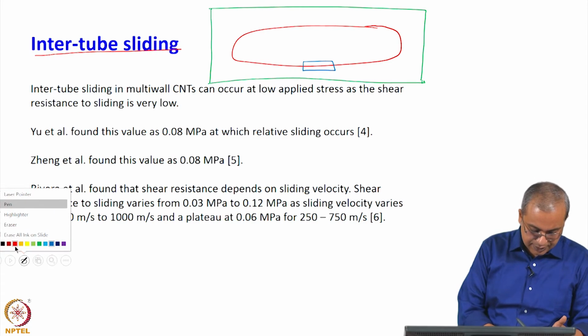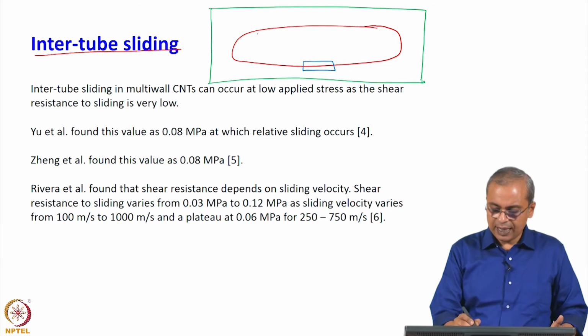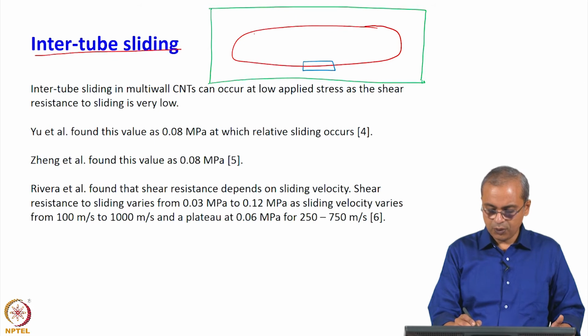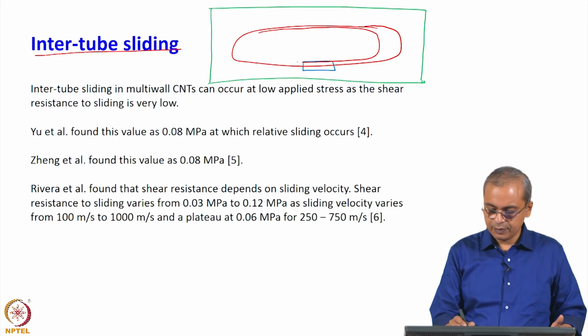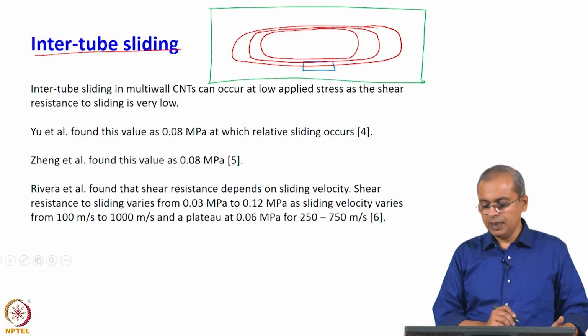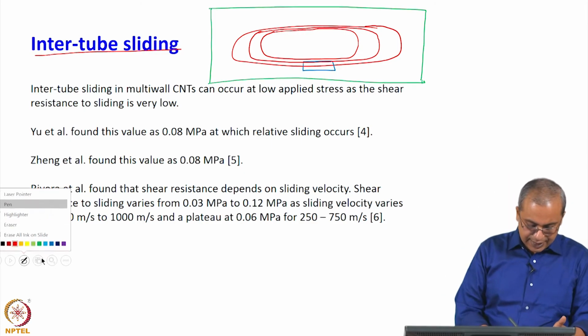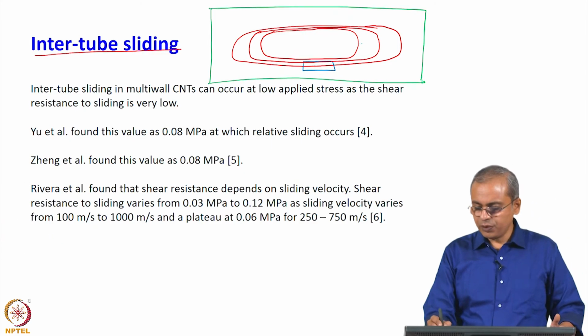What that means is inside this you will have a variety of tubes. You have multi-wall carbon nanotubes. You have a tube like that, another tube like that, and so on. Now you can see here that between the ends of the tubes there is space.